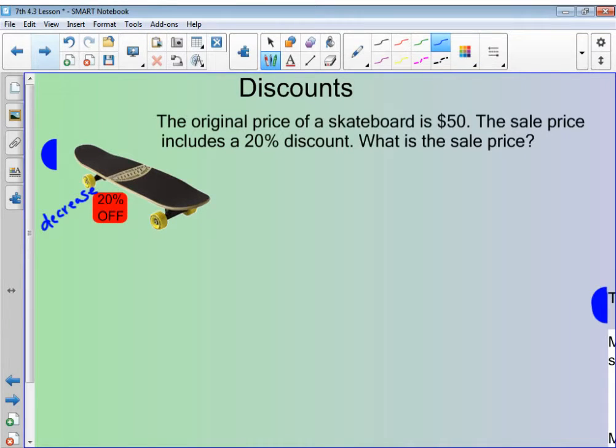Go ahead, pause your video, and work your way through this one. You can either use the formula of finding the new percentage and then taking that times the original, or you can set it up as a proportion. Just remember, if you choose to do a proportion, it's going to be your sale price over your original. Go ahead, pause your video and work your way through this one.